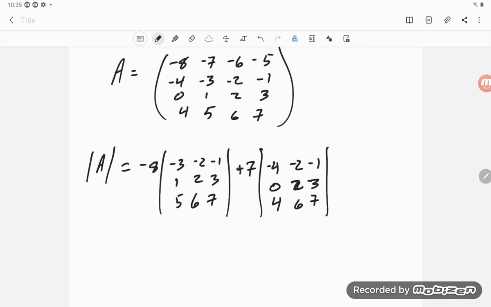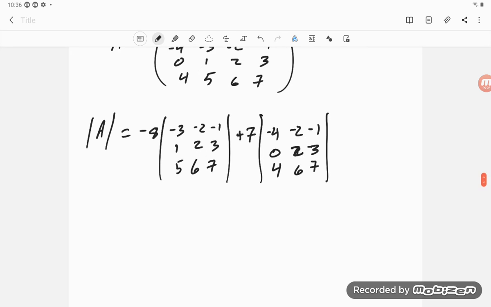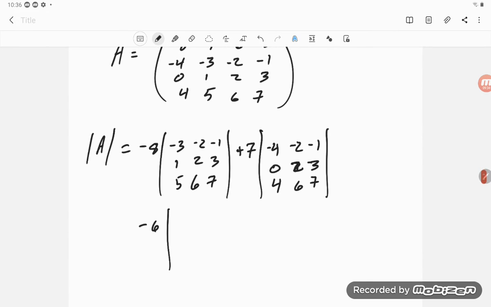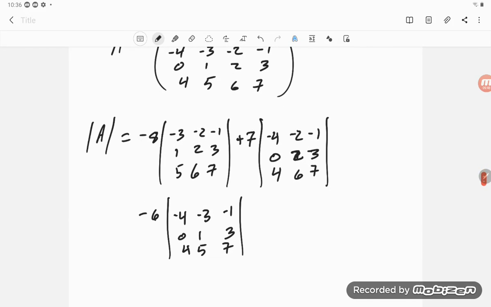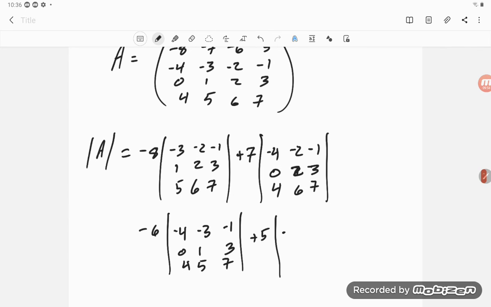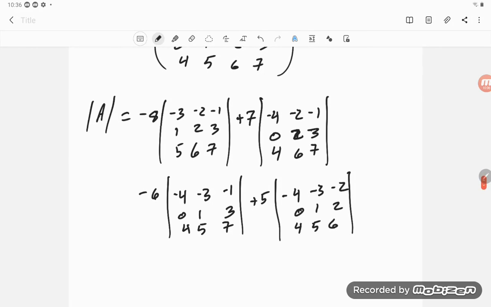Then I need a negative 6, so I'll go down here, negative 6 times the determinant of negative 4, negative 3, negative 1, 0, 1, 3, 4, 5, 7. And then finally, it was a negative 5, so now it's a plus 5, and I need negative 4, negative 3, negative 2, 0, 1, 2, 4, 5, 6. Yuck, right?